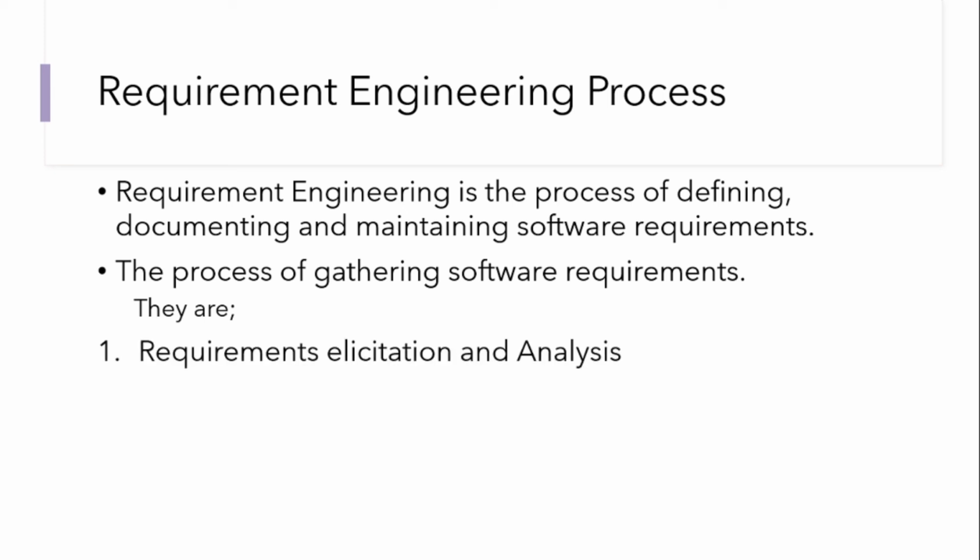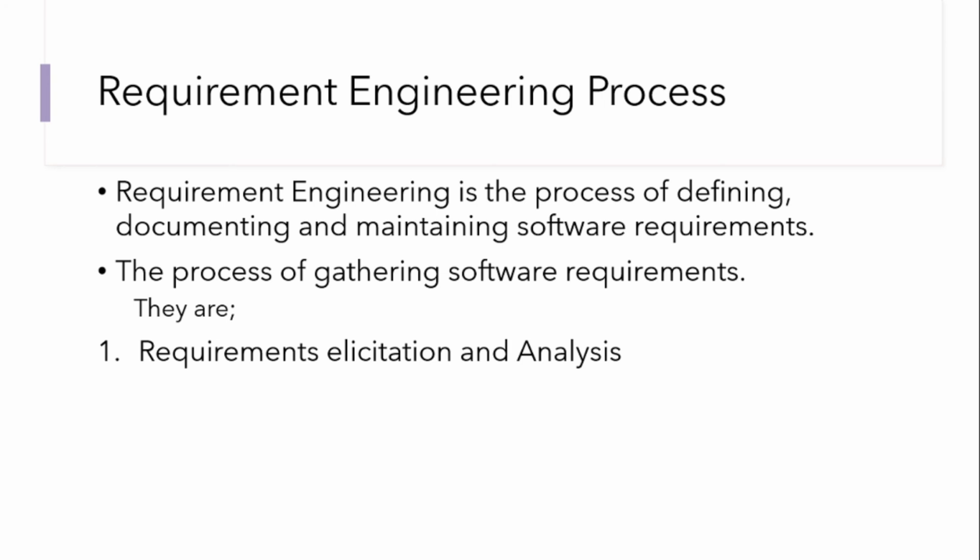The various steps include, one, requirement elicitation and analysis. This looks at gaining much knowledge about the project domain. So if a bank comes to you and tells you, hey Sam, please, I need a software to run my bank, the requirement elicitation and analysis focus on you understanding how the bank's processes actually work.